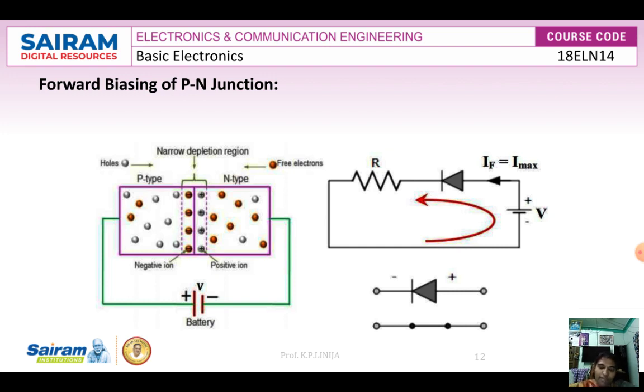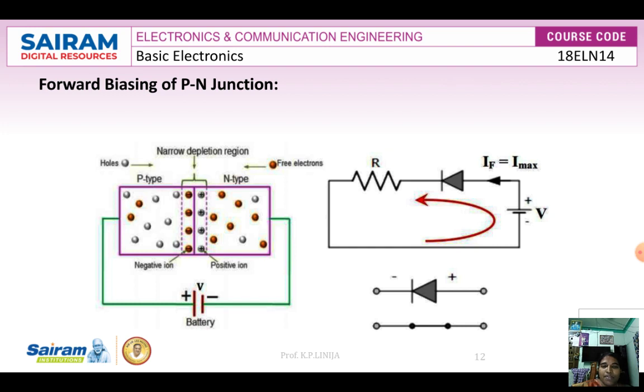The free electrons gain sufficient energy. Therefore the depletion region formed will have a very small width, which we call a very narrow depletion region. Next, the circuit symbol is given here.